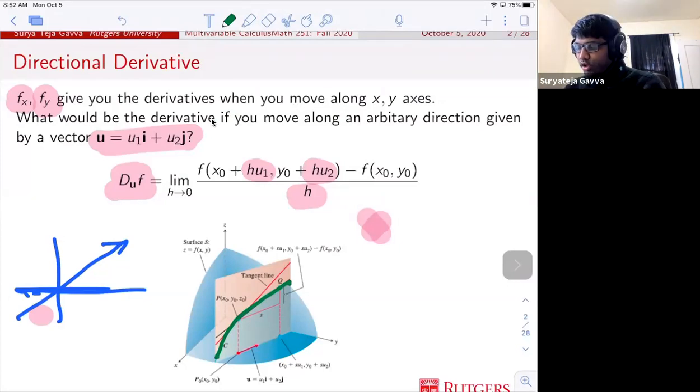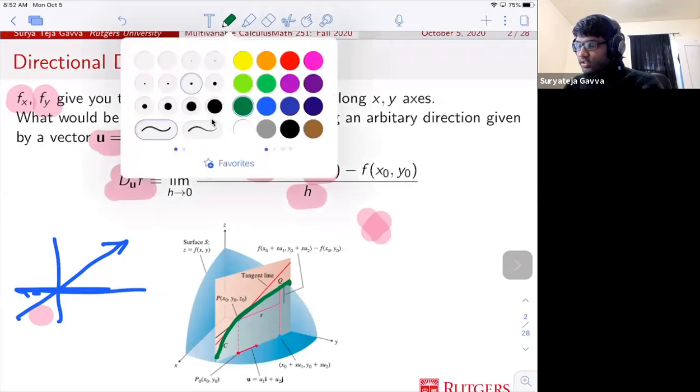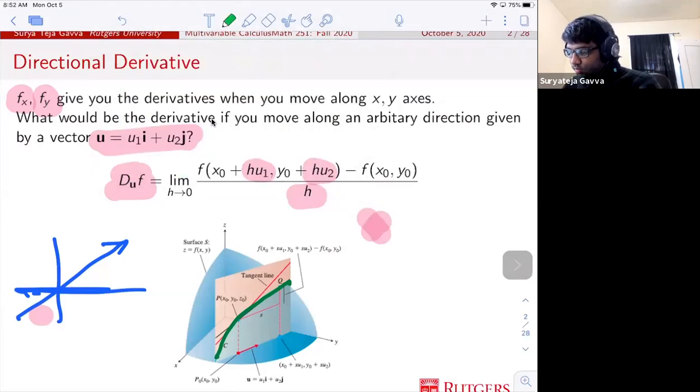If moving along a direction u, we'll be moving along a curve on the surface corresponding to the function, and this rate of change is nothing but the derivative or the slope of that curve at some point that you care about. So okay, it's just the slope. Okay, so that's the notion of directional derivative.